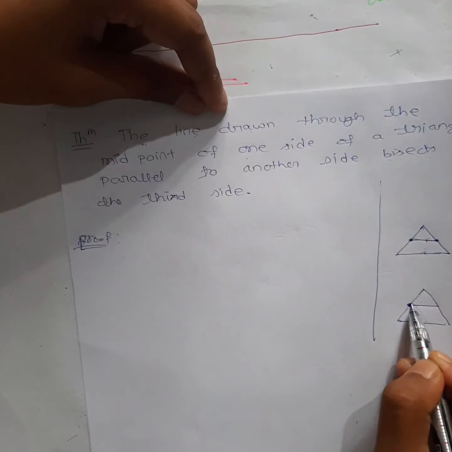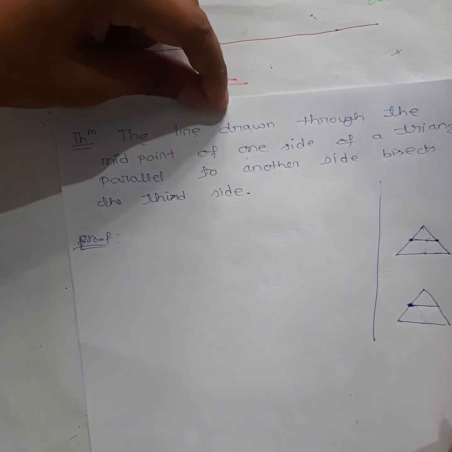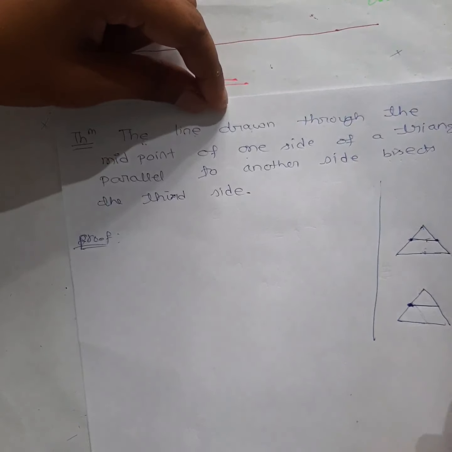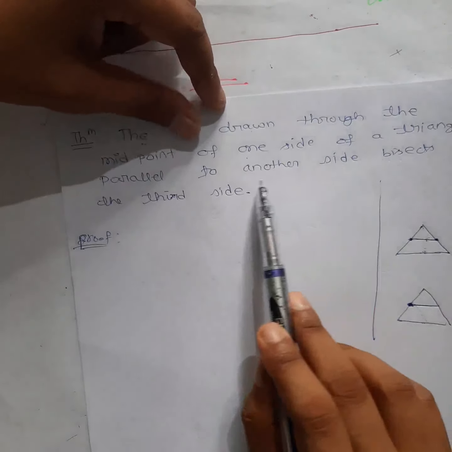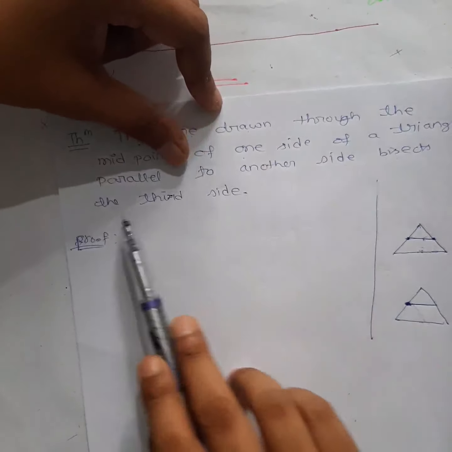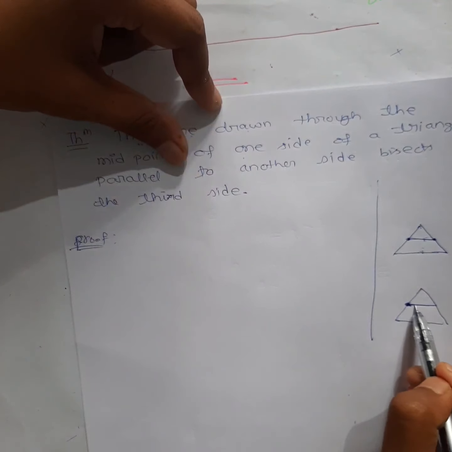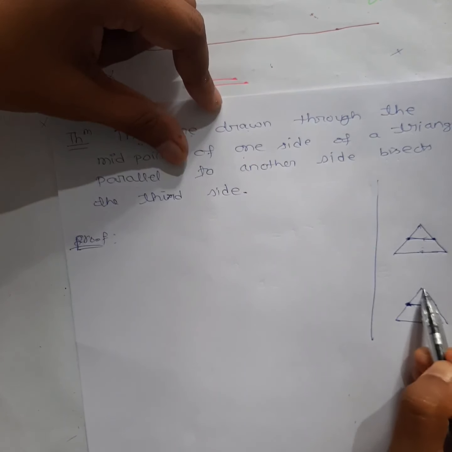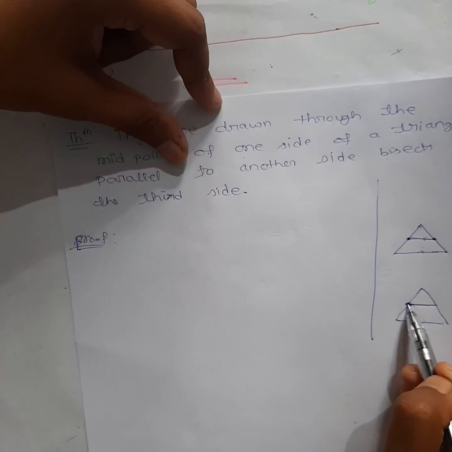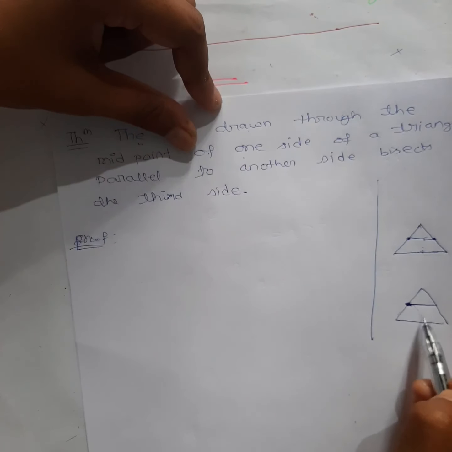this is the midpoint. From this midpoint I am drawing a line parallel to this. I can draw this, right? So parallel I have drawn. Then according to the theorem, it bisects the third side. Now this will be the third side, right? You can see for this side I have chosen the midpoint, then I have drawn a line parallel to this side.